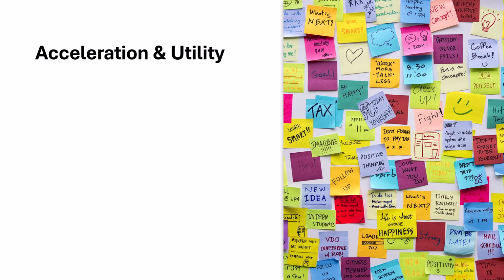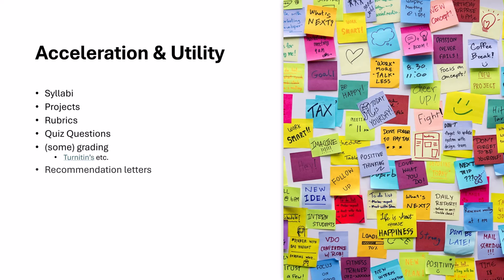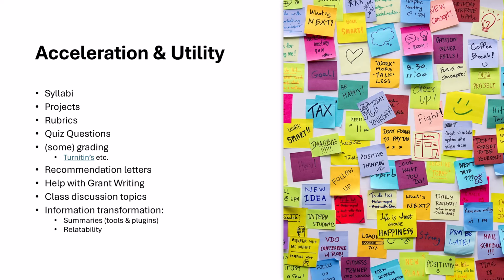You could be using AI to generate syllabi, projects, rubrics, quiz questions, some grading, recommendation letters, help with grant writing, class discussion topics, and also information transformation. Specifically, I use it a lot for summaries and also making the information more relatable. Finally, I also have a video on how to generate GPT chatbots that can be specifically tuned toward the information that you want your students to get.